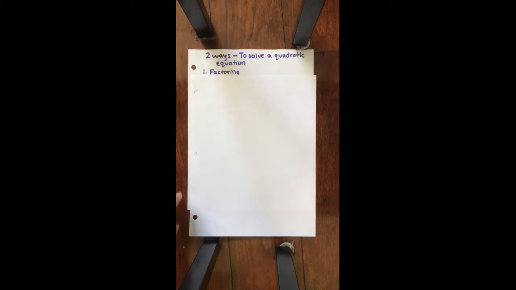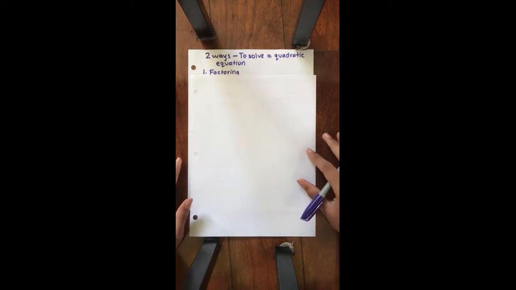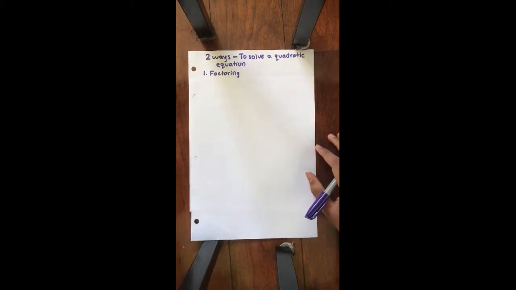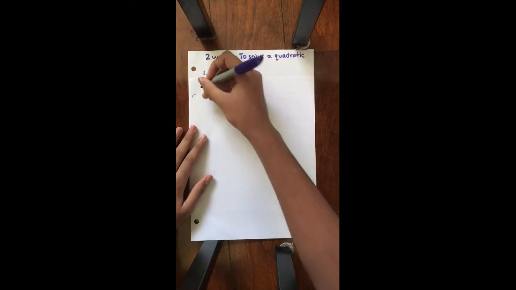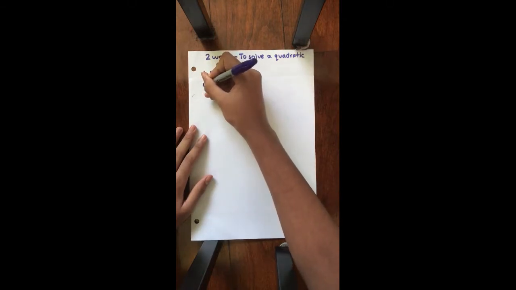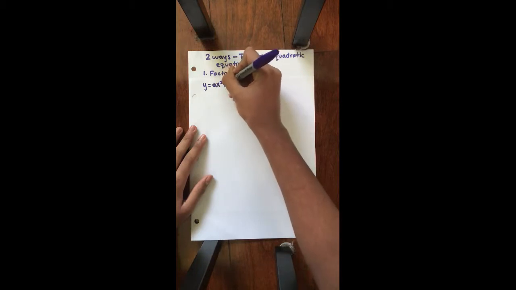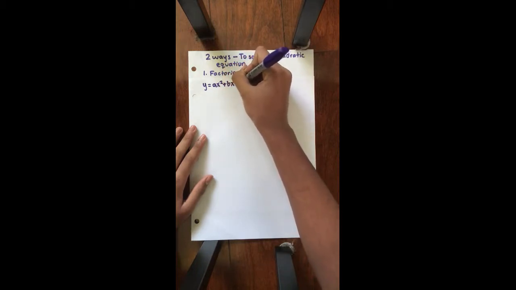So for factoring, you need to know two major forms. The first form is standard form: y is equal to ax squared plus bx plus c.